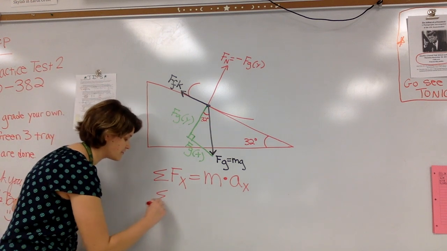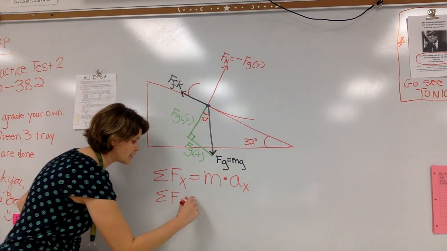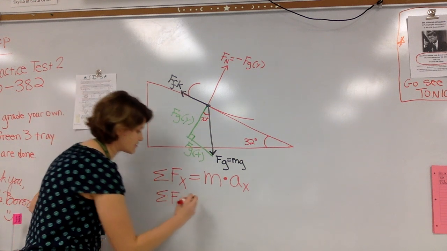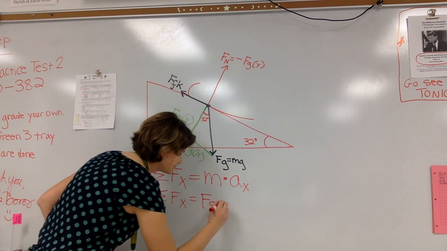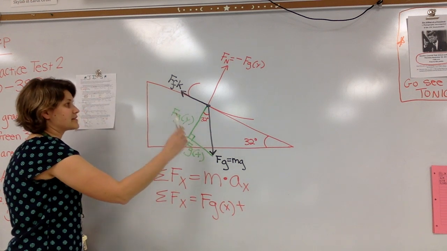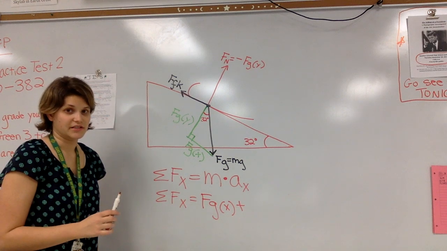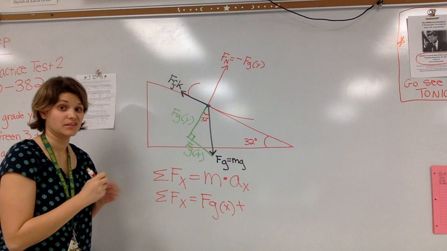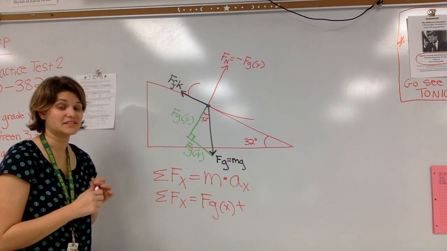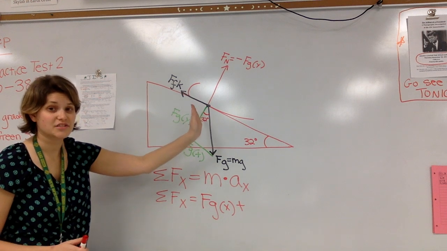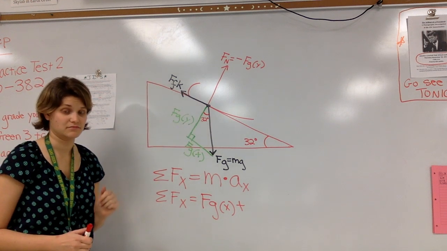I know that the sum of the forces in my x direction, well, one force is my force due to gravity in the x direction. And the other one is going to be my force due to friction. Now, I've actually drawn an error on here. The problem is, if the toboggan has a velocity going upward, is the friction going to also act in that same direction?